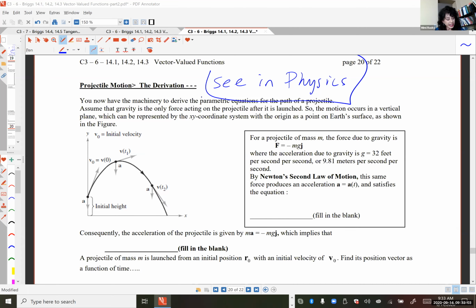When I give these lectures on projectile motion, we're going to use our vector valued function knowledge to do this problem. And when I see students who don't want to learn anything new, who already know how to do this from physics, with mg sine theta or whatever your formula is, and do it that way, even if you get the perfect answer on all the points in MyMathLab, I'm just going to proceed to zero you out, 0.